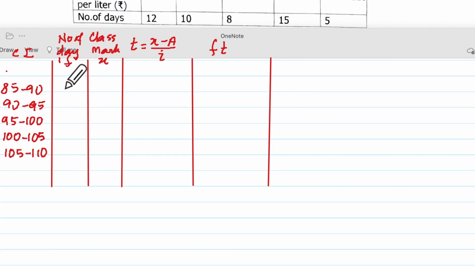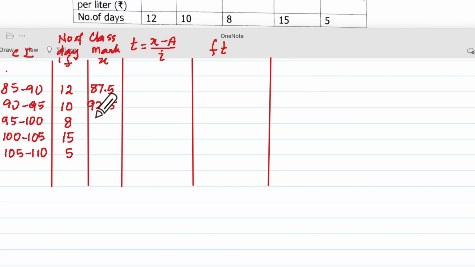The number of days, now class mark. What is the class mark? Mid value will be 87.5, correct? What will it be here? 92.5, no?